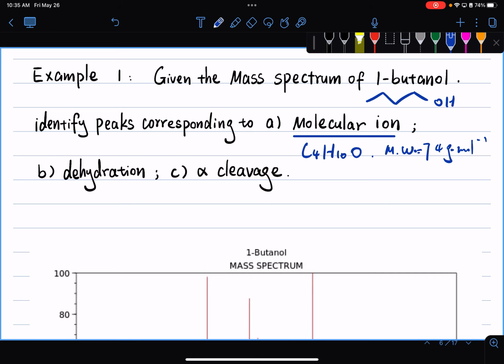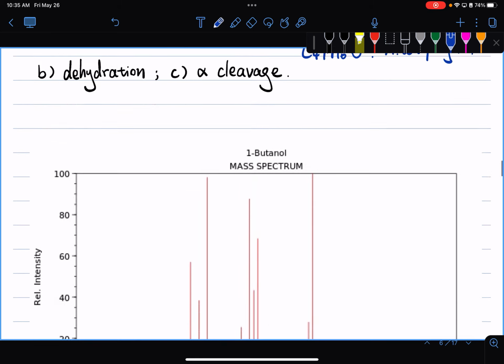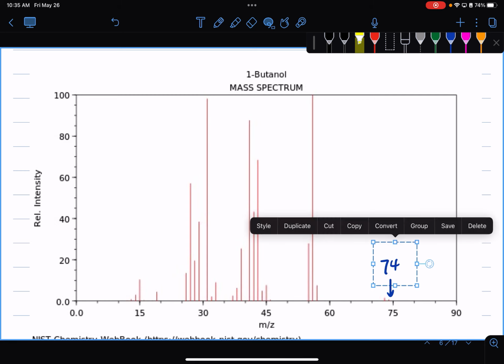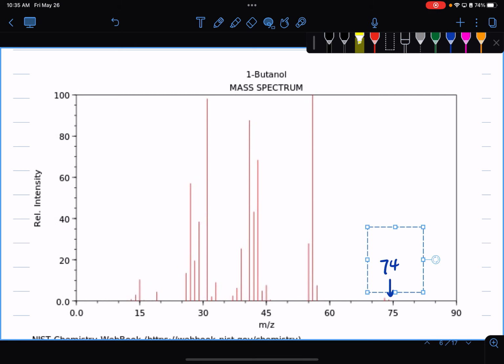Now we go back to our mass spectrum and try to find that 74 peak. So here's 75. And that 74 peak is actually the very, very small one here. I know it's super small, and there's a reason that peak is super small.